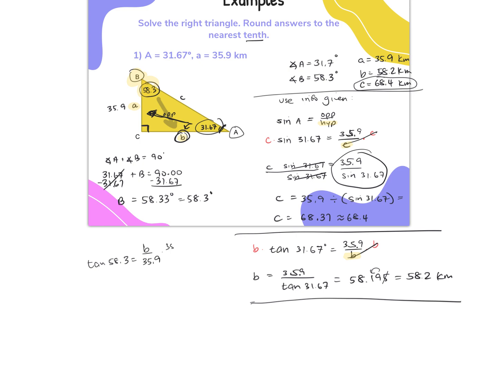Notice I would have been able to solve for b just by doing this math. So yes, it is easier sometimes when the variable is in the numerator rather than the denominator. And if you're very sure that you did your math correctly, you could use the other angle to find that.